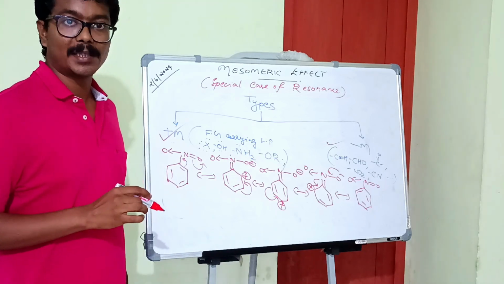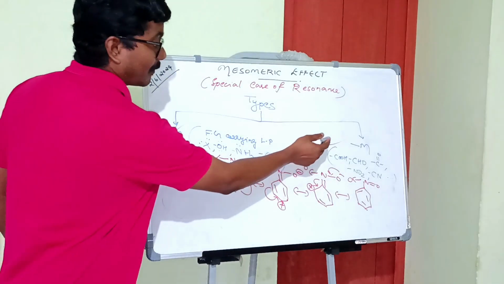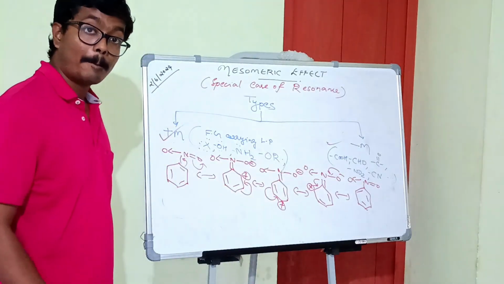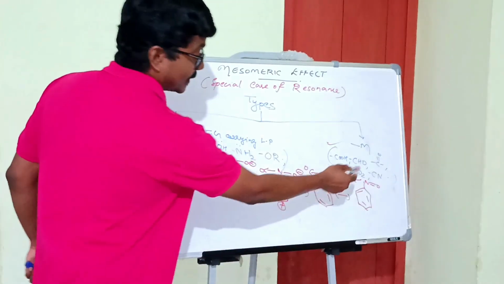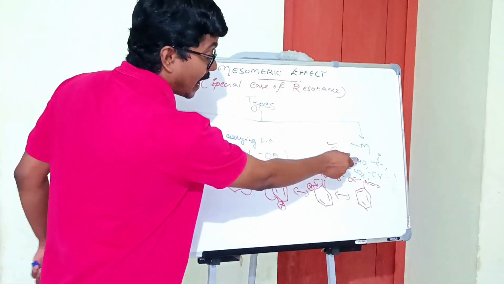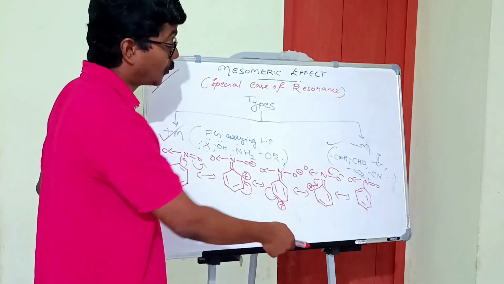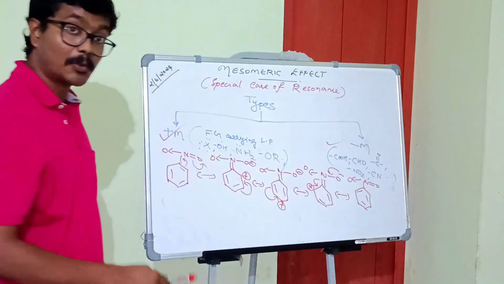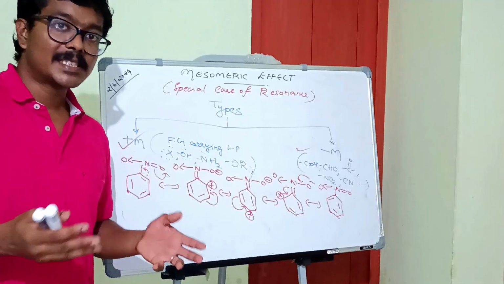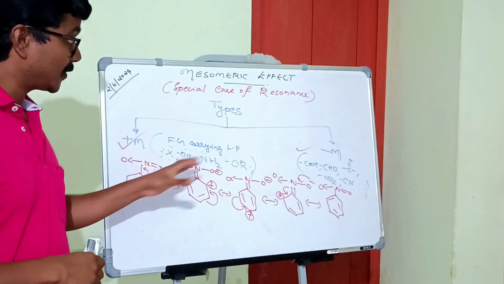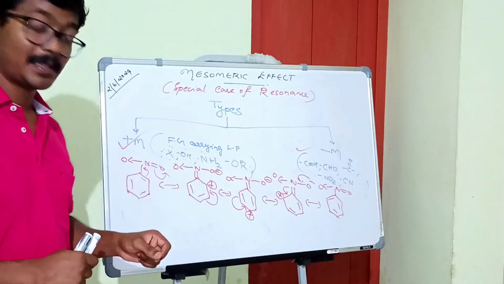Such a type of mesomeric effect is called negative mesomeric effect or minus M effect. Like nitro group, cyano group CN, aldehyde group CHO, keto group, carboxylic acid group, all show minus M effect. What's the speciality of a substituent showing minus M effect?